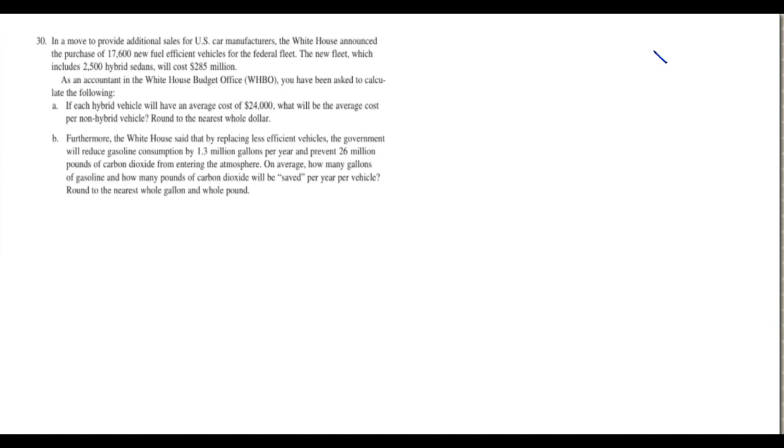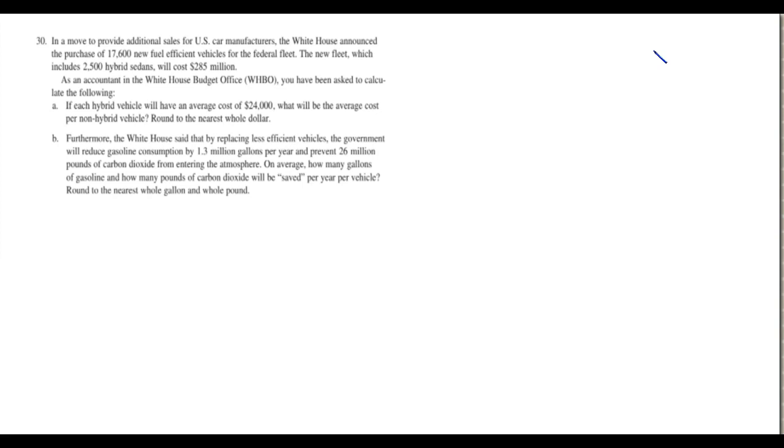As an accountant in the WHBO, you've been asked to calculate the following. A, if each hybrid vehicle will have an average cost of $24,000, what will be the average cost per non-hybrid vehicle?